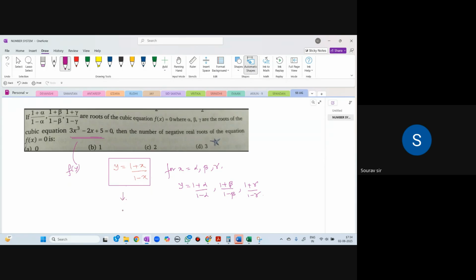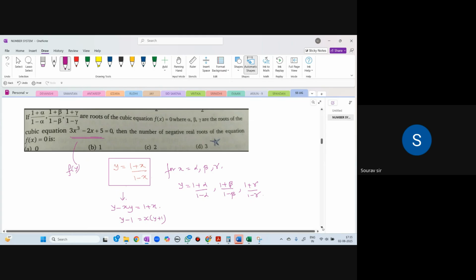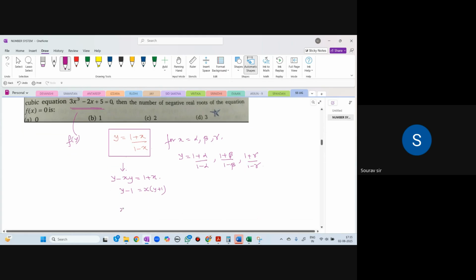So from here, you can write y minus xy equals 1 plus x, right? And then you can write y minus 1 equals x into y plus 1, or x equals y minus 1 by y plus 1.